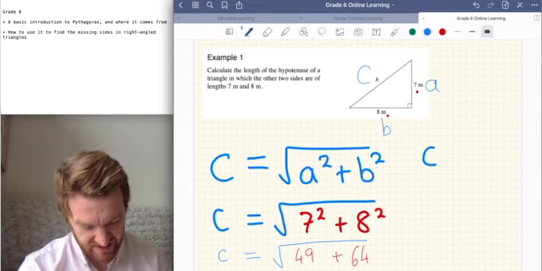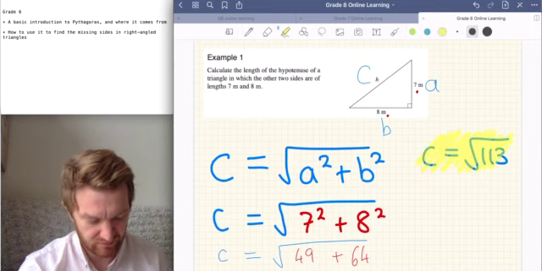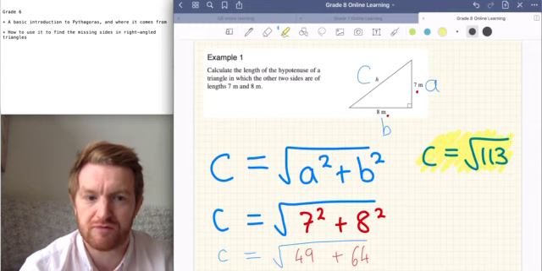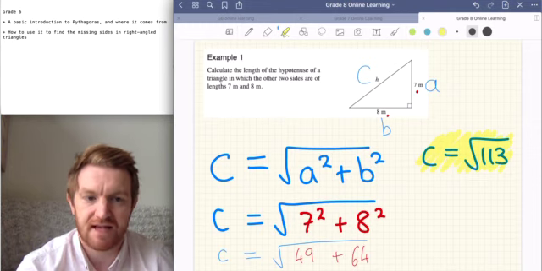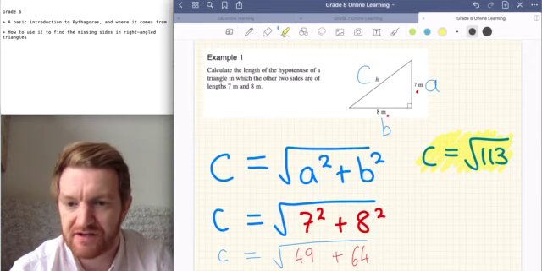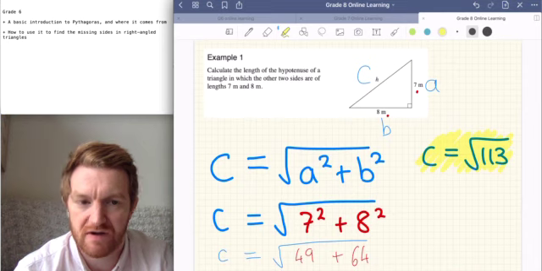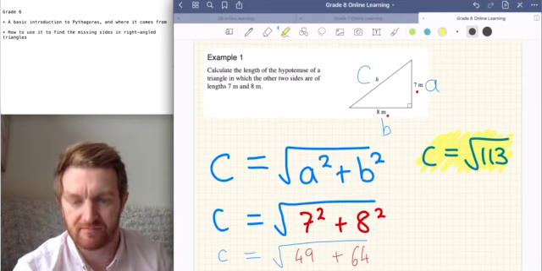So we can leave our answer as a square root. This is what we call leaving our answer in surd or root form, and that's absolutely great. If you can leave your answer like that, that's the most exact answer, like a fraction. It's the best form, and if you get to that point, no further is absolutely fine.